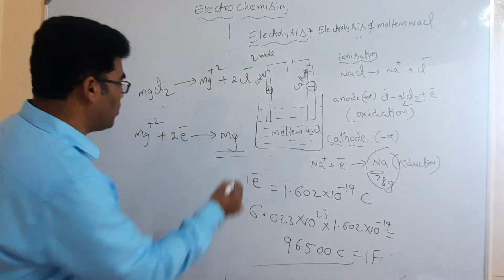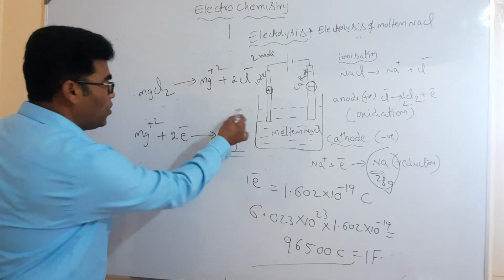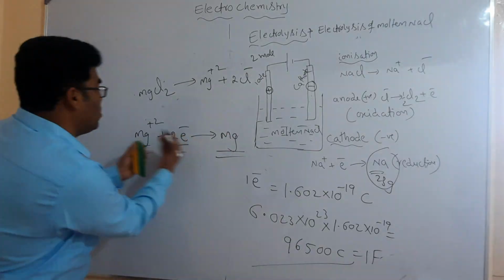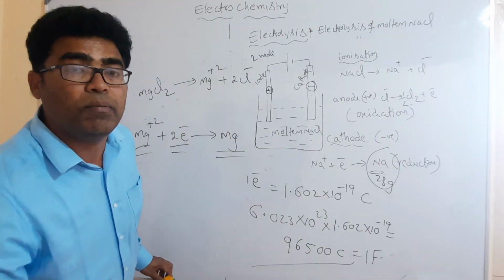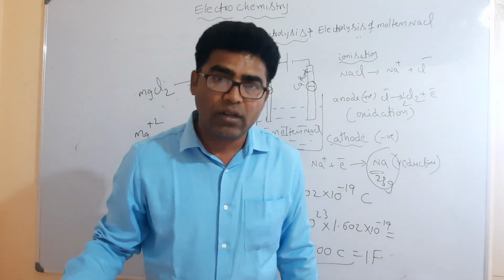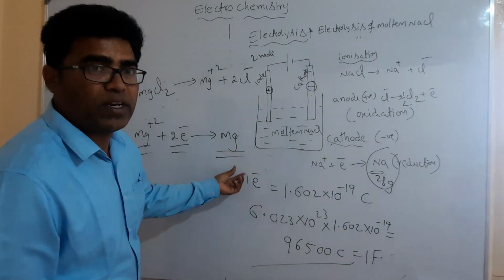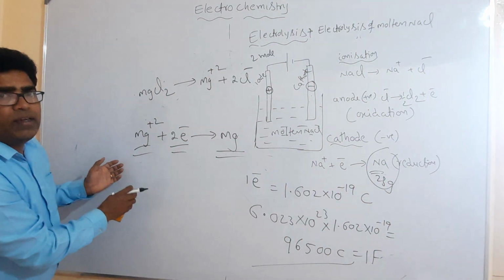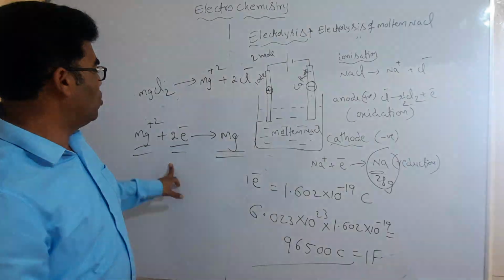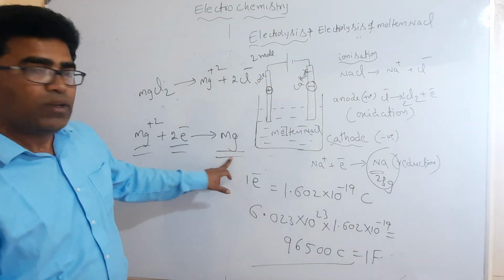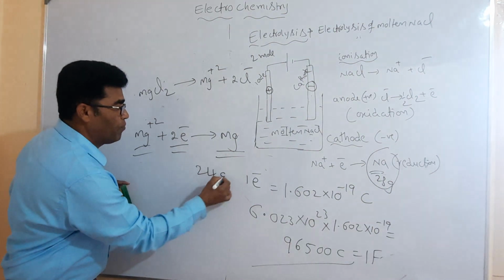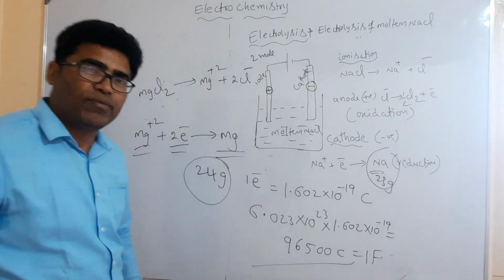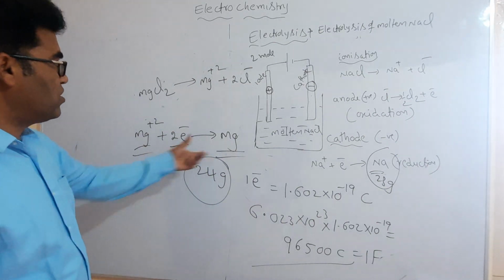For the deposition of 1 mole of magnesium, how many moles of electrons have to be gained by magnesium ions? 2 mole electrons. 1 mole magnesium means magnesium 24 gram. For the deposition of 24 gram of magnesium, 2 mole electrons have to be gained.